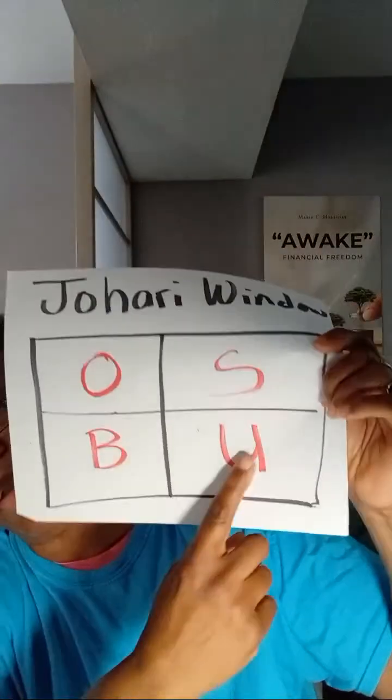And then we have the U area of the Johari window. The U area is the unknown area of the Johari window. The unknown area is information that I do not know about myself, and nobody else knows it either. Your mother doesn't know it, your father doesn't know it, you don't know it. Nobody in the world knows this information about you.